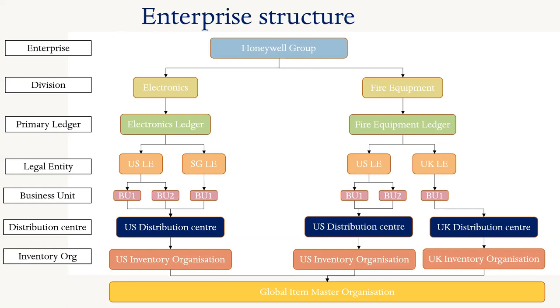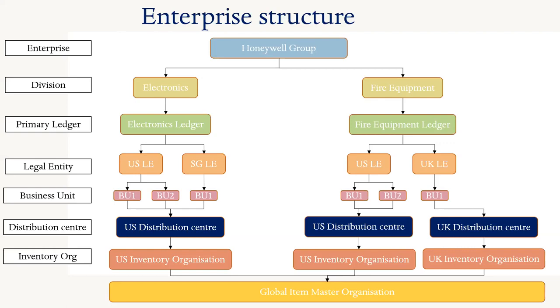If you see R12, we have the item organization and the inventory organization attached to it. But here we can have a global inventory master, I mean item master, and attach this item master to the inventory organization.